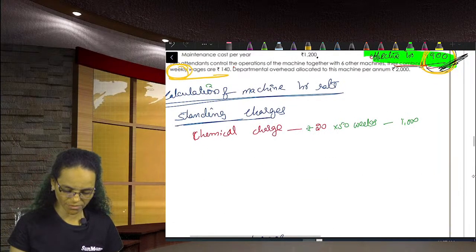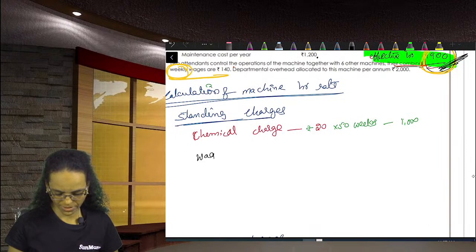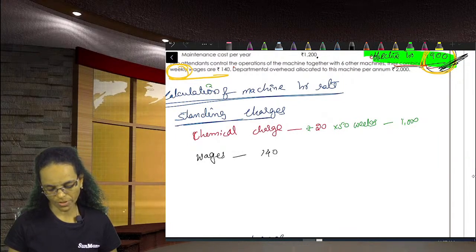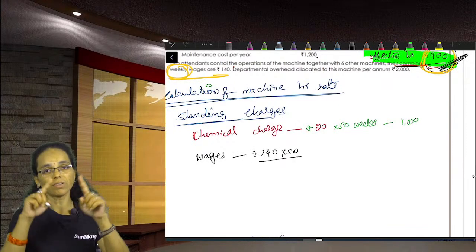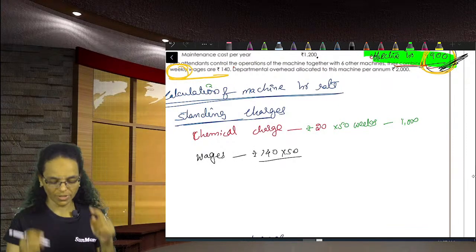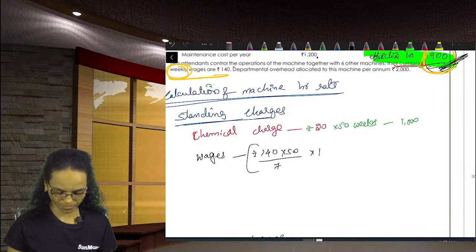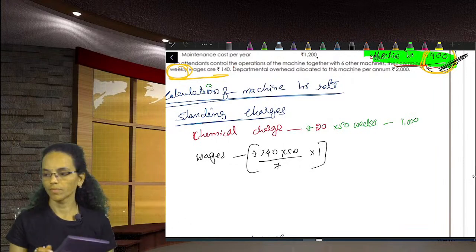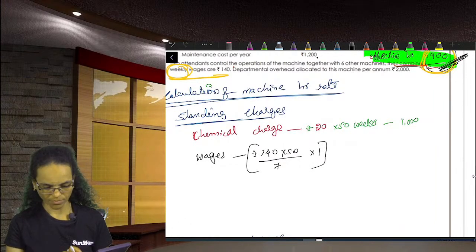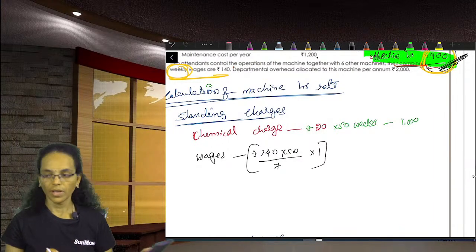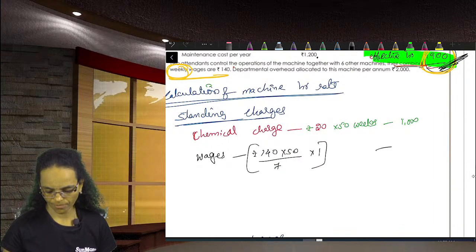That is a fixed expenditure. So for one particular machine it is 1000 rupees.